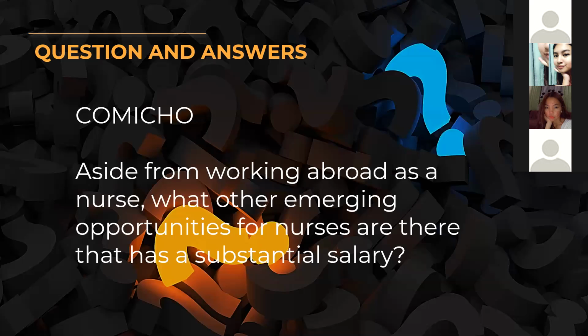And if you plan to go to hospital, I advise you to target big hospitals that I've mentioned, because they are JCI. It means they have better working conditions. They offer higher salaries as compared to the other hospitals in the Philippines.